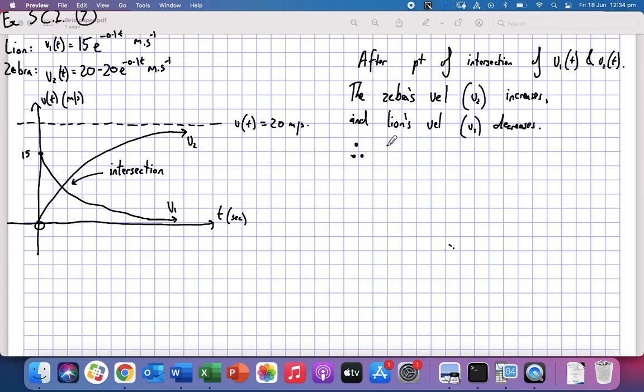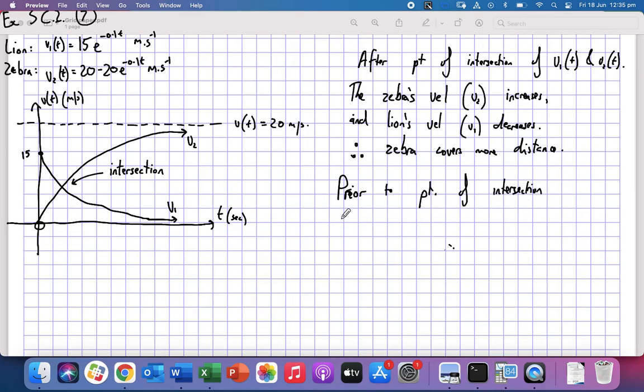Therefore, zebra, I'll just finish this thought. Zebra covers more distance. We could say prior to point of intersection.